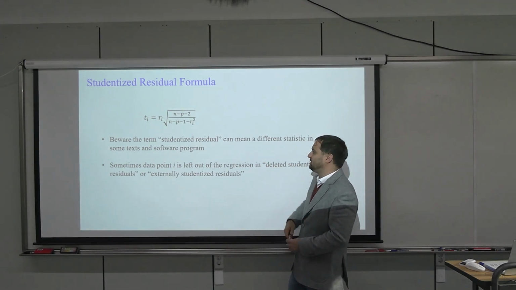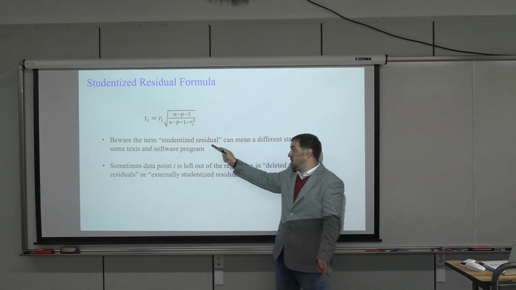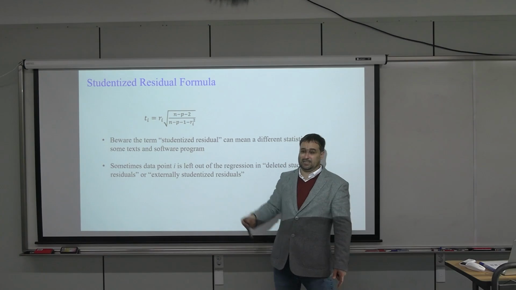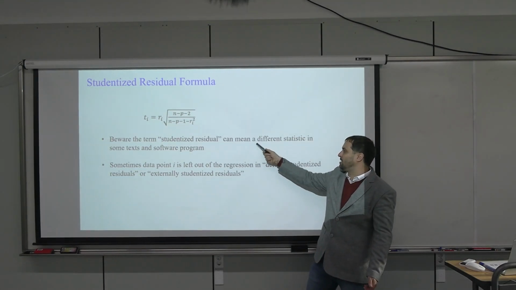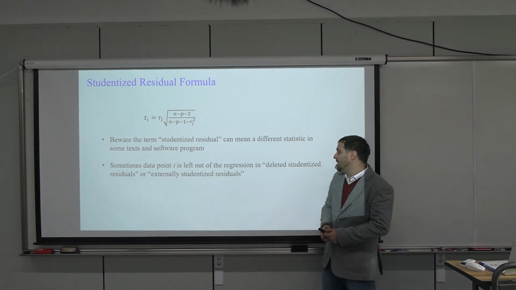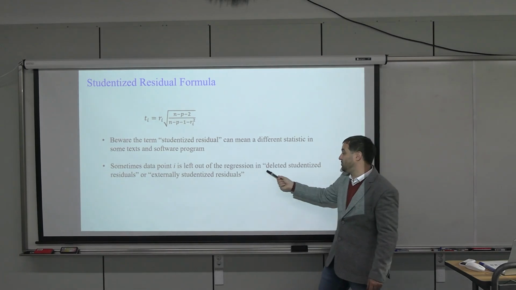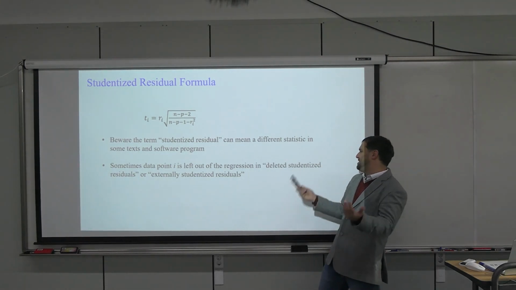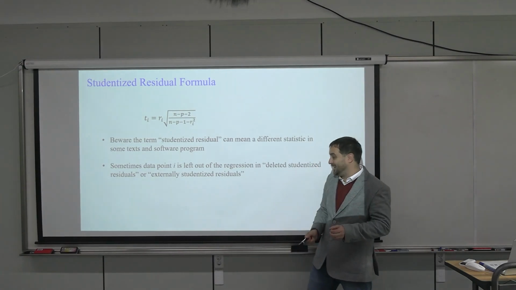Like in Microsoft Excel, you can compute variance, but is it the sample variance or population variance equation? So remember, if you're using a built-in function in some third-party software, you need to figure out what equation is actually coded in there. A studentized residual can mean a different statistic in different texts and software programs. For example, sometimes data point i is left out of the regression, and it's called deleted studentized residuals or externally studentized residuals.